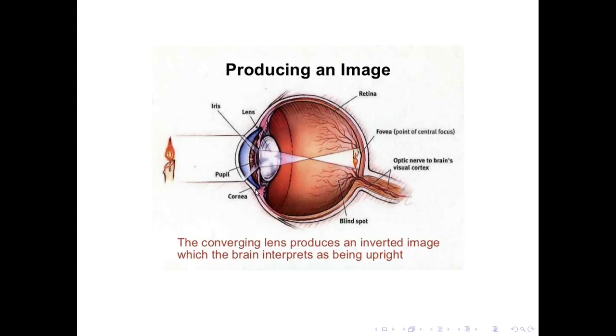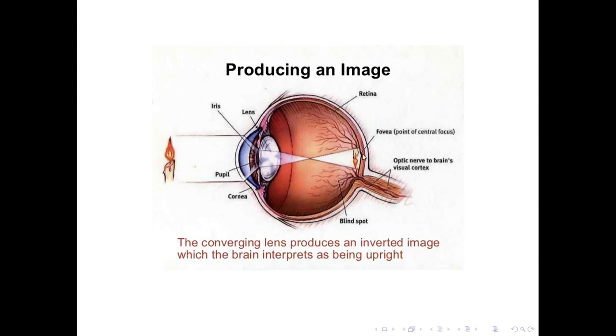No, sorry, not the iris. The cornea, it seems to be, an initial lens that bends the light inwards. And then we have the actual lens here, which focuses the light on the retina.